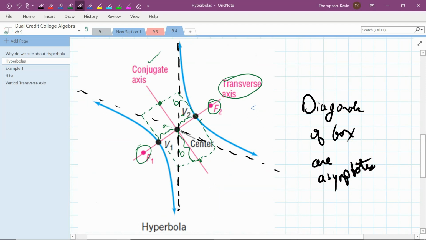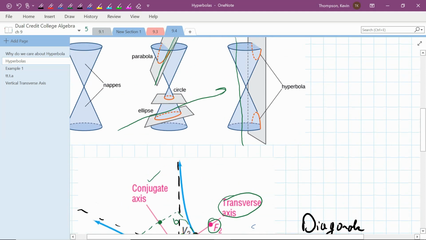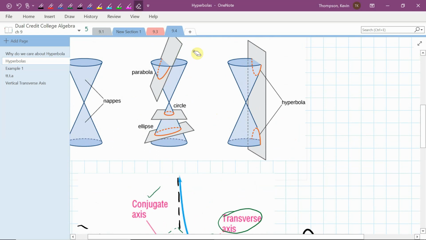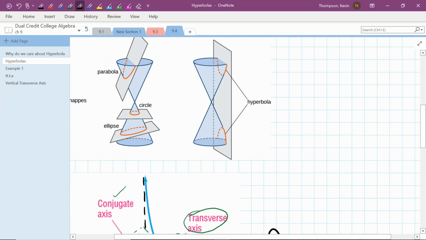Now, why would there be asymptotes for a hyperbola? If I go back up here and think about slicing a cone with a plane, do you notice that there definitely would be a connection between the lines that I would revolve to make the cone and what the graph should be approaching?